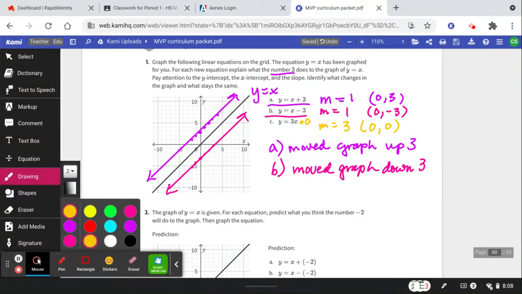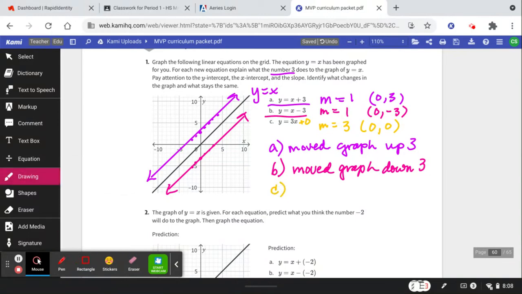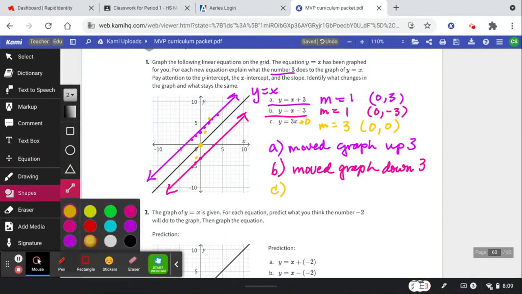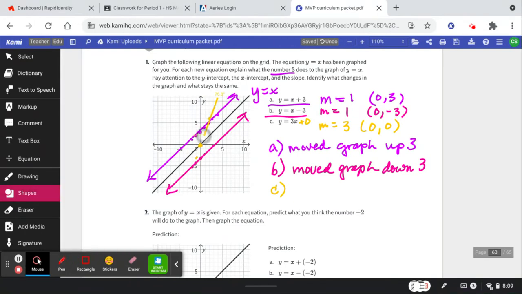Finally, part C. This one starts at the origin, and the slope, instead of going up 1 over 1, is now going to go up 3 over 1, up 3 over 1, and down 3, back 1. This is going to create a much steeper graph than our original parent.